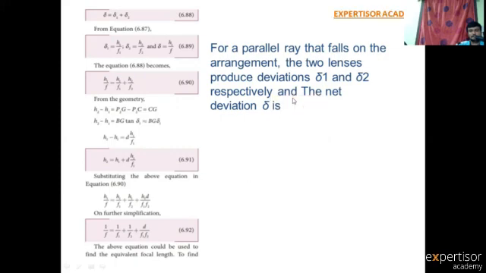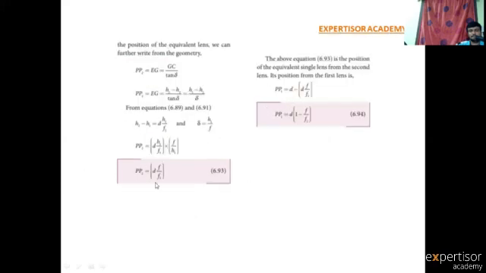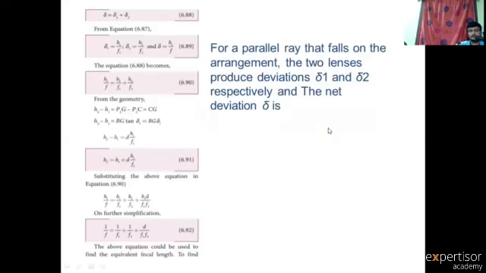At the same time, we found the positions of the equivalent lens from the two lenses, that is PP1 and PP2. PP1 is equal to d into 1 minus f by f1. PP2 is equal to d into f by f1. So these are the equations for the positions.